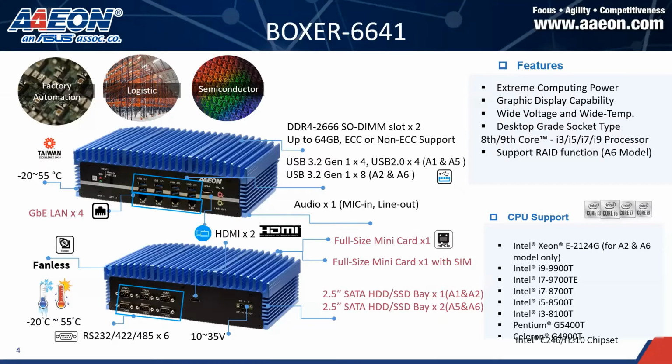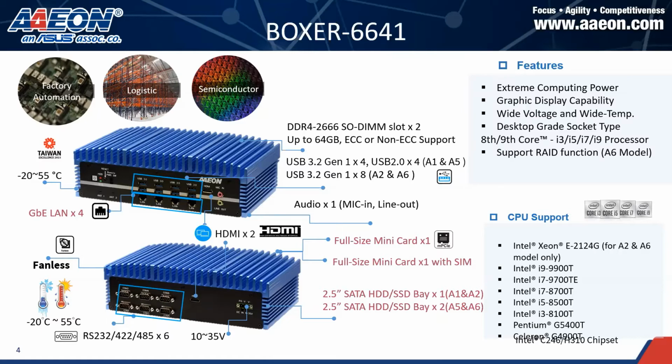The wide voltage supports 10 to 35 volts. There is even one SKU, a 2-model part number, that can support two internal 2.5-inch SSD slots. One model, the A6 model, can support RAID functions. For CPU support, we provide a full range like i3, i5, i7, and even Xeon grades.